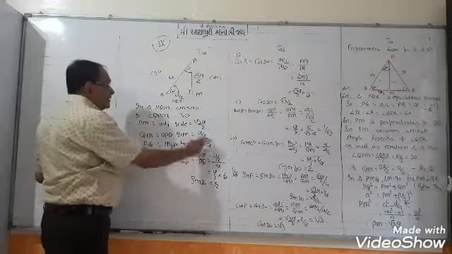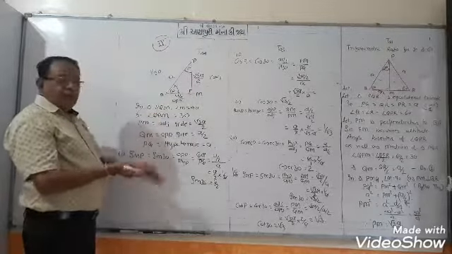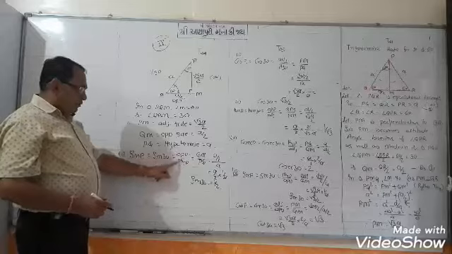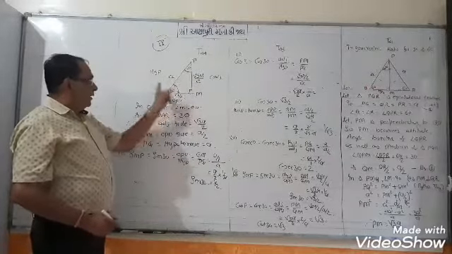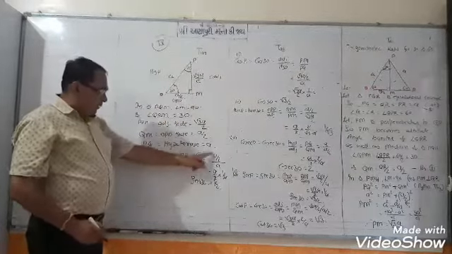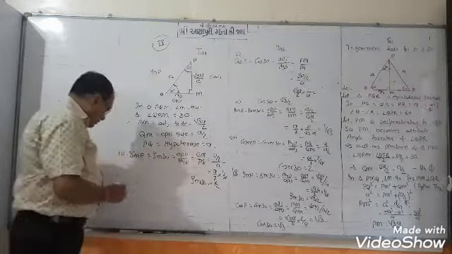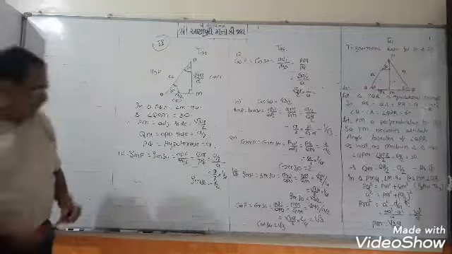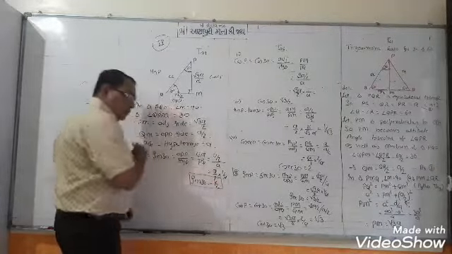And the hypotenuse is equal to a. When the three sides are known, you can find all trigonometry ratios. Sin theta is sin 30, opposite upon hypotenuse. Opposite is QM upon hypotenuse, a by 2 upon a, cancel, 1 upon 2. Sin 30 is equal to 1 upon 2.